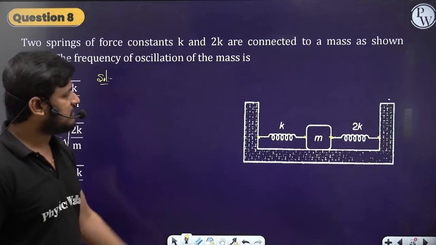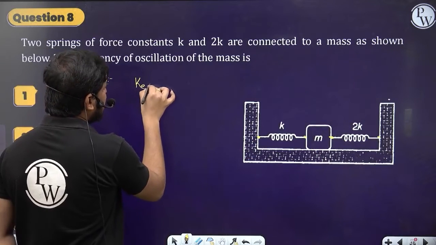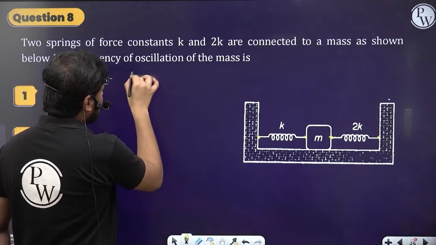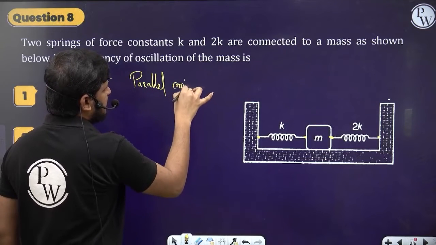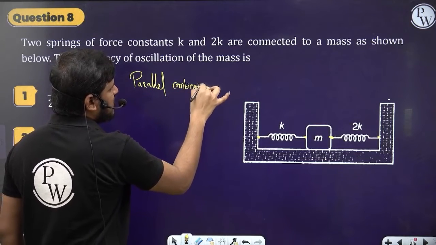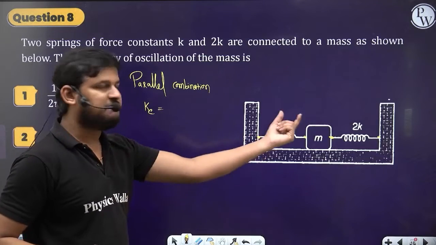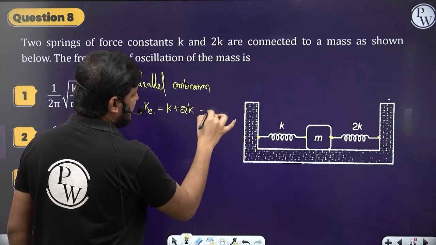So this is the parallel combination, that's for sure. The springs are connected in parallel combination. So what is the K equivalent? It is K1 plus K2, so K plus 2K, which is 3K.